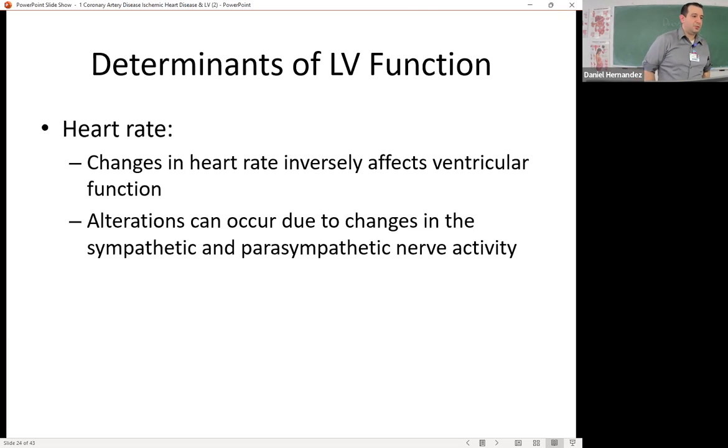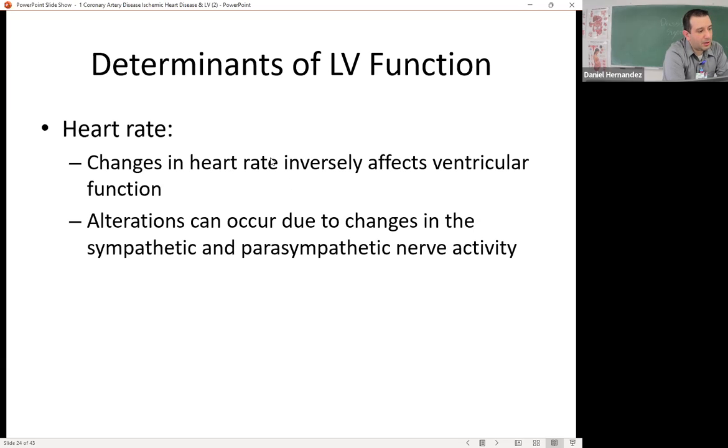When we have a shortened diastolic period, we have less ventricular filling. That lower period of ventricular filling leads to reduced cardiac output, which means we're going to have a lower ventricular function.